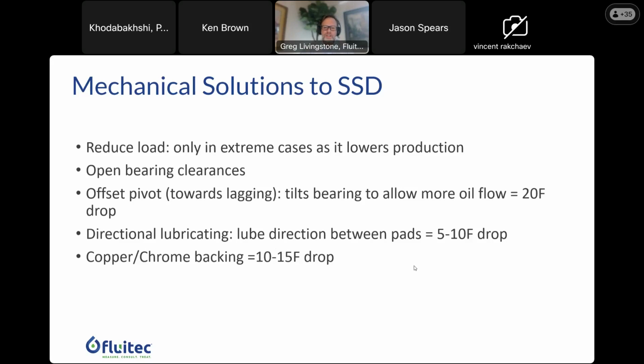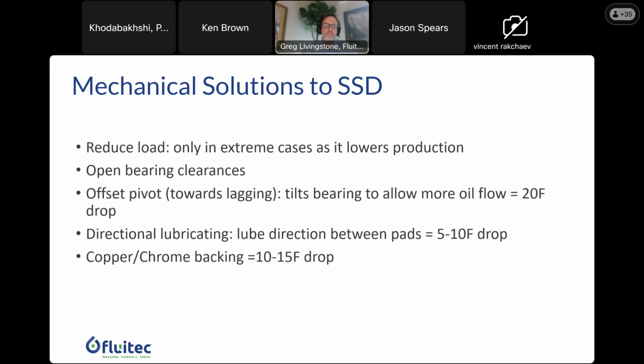And also we're seeing bearings, instead of being babbited, use different types of materials as well that in some cases can also reduce bearing temperatures. So those are some mechanical solutions, and these are all things that are typically investigated with the OEM, changing any of the operating conditions of the system.